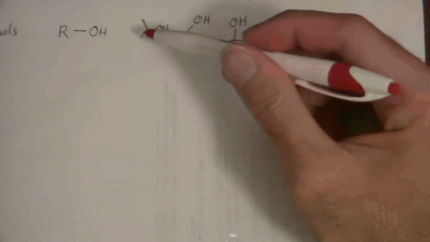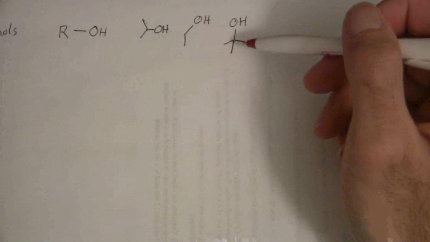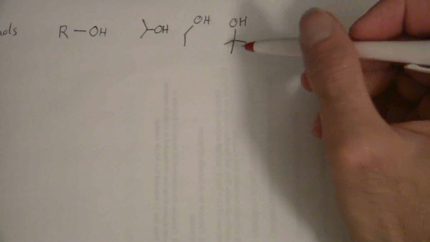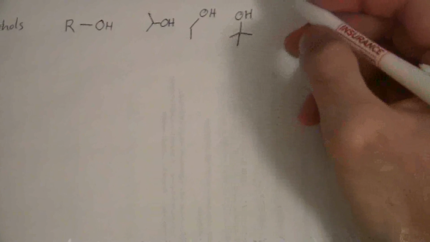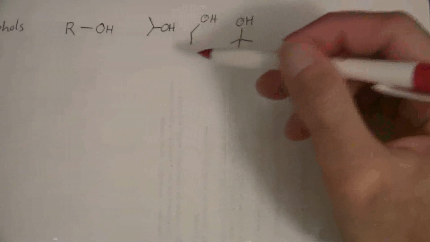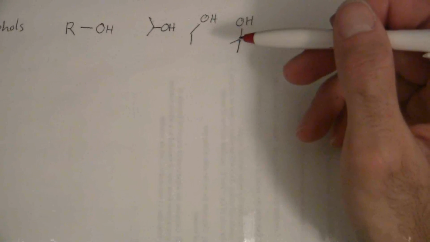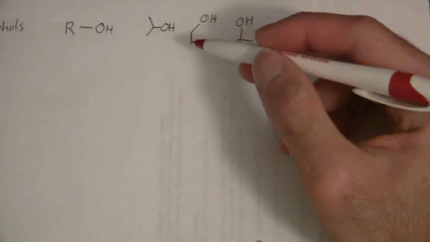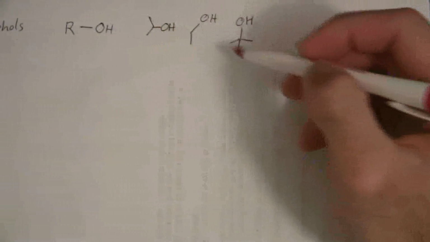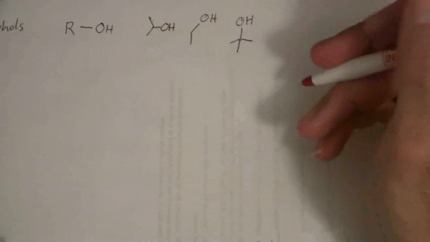And you notice a difference between these three alcohols. Just like the amines, remember an amine has the nitrogen that can be connected to 1, 2, or 3 different carbon atoms.